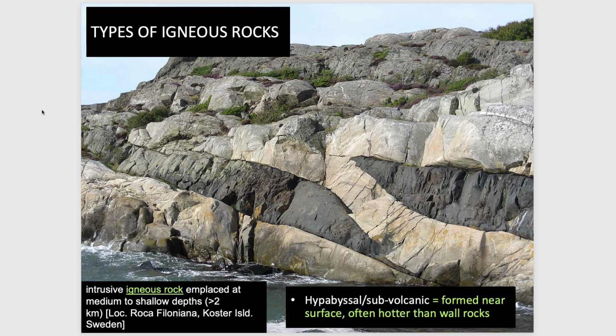So in this slide we have an example of a hypabyssal rock, and these hypabyssal rocks are exemplified by sills in this case. So a sill is an infiltration of magma that exploits subhorizontal anisotropies in the rock.